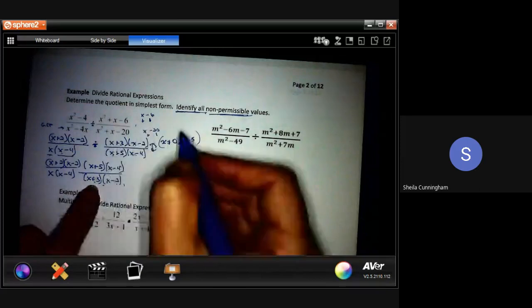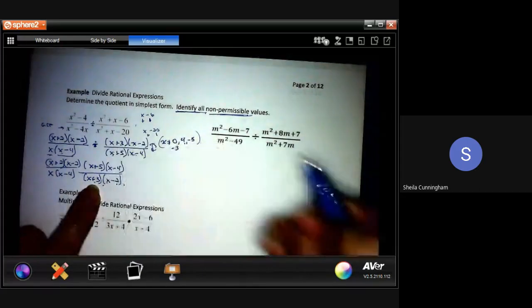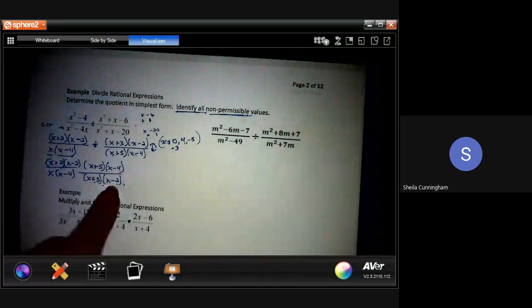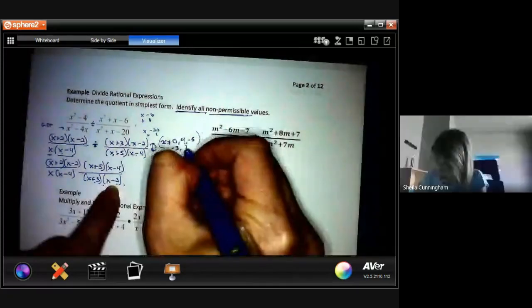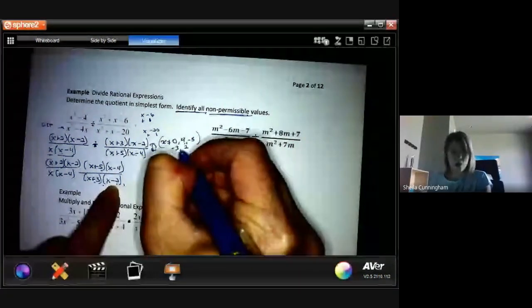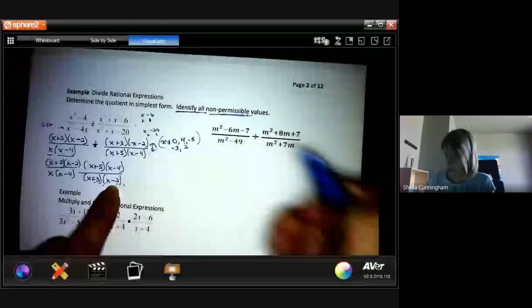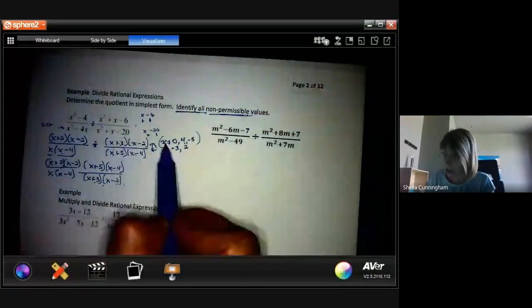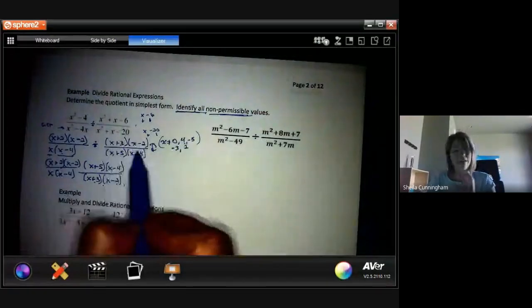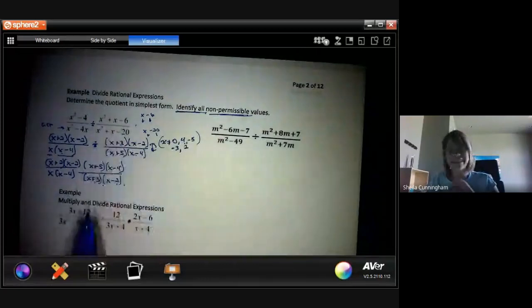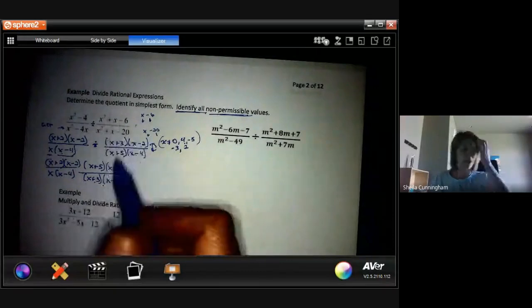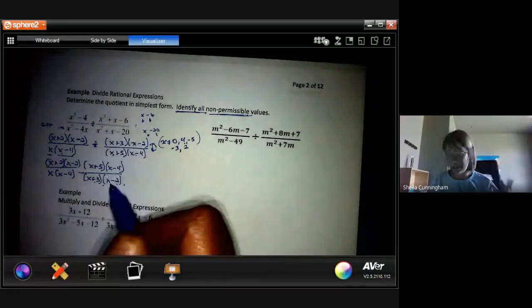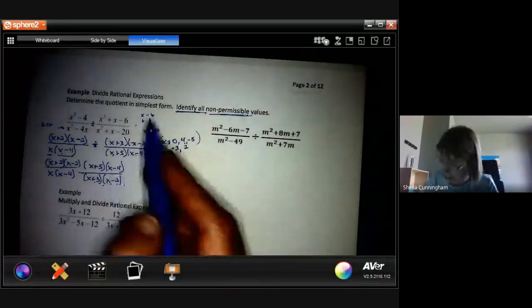So this x plus 3 means we also have a non-permissible of minus 3 and a non-permissible of a positive 2. When we're looking at non-permissibles, we take both the numerator and denominator of that second rational expression, because it gets flipped and that numerator ends up in the denominator as well. So we definitely need to take that into consideration.